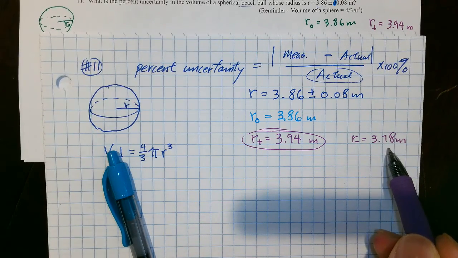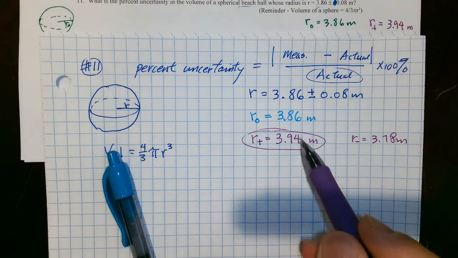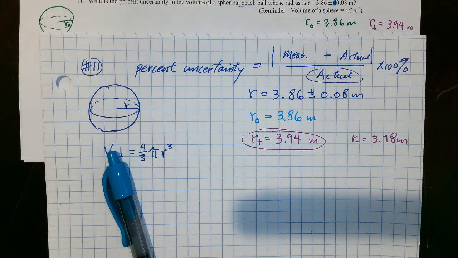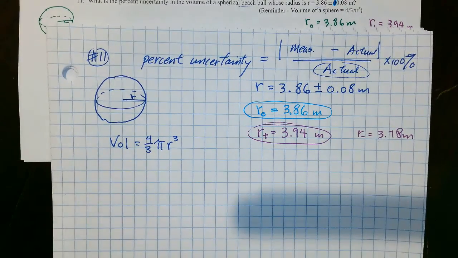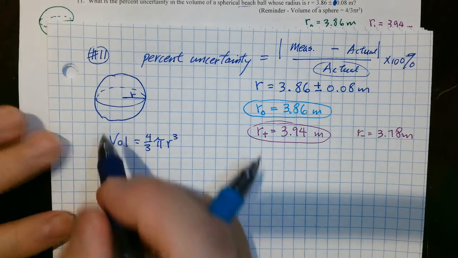But if you use this spec, the hole you make will fall out because you still have uncertainty. And then we will use this as our given actual radius.